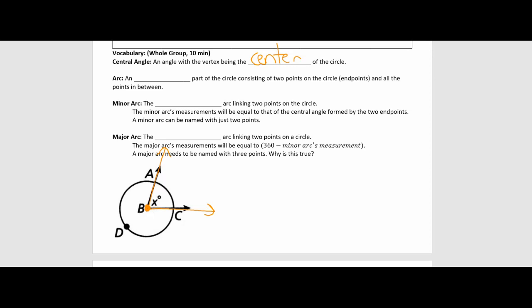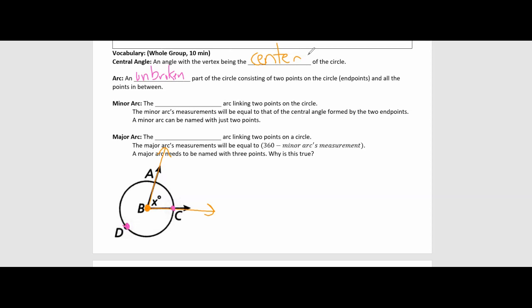An arc is an unbroken part of the circle consisting of 2 points on the circle, those would be your endpoints, and all the points in between. So if I look at this circle down here, an example of an arc would be arc DC.